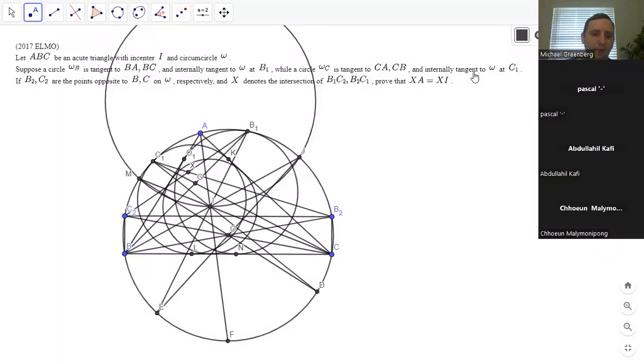I feel like if we use Pascal enough times, it might do it, but I should think about it a little bit more. Actually, I think Pascal shows that X, O, and G are collinear. Then we need to show that I, G, and O are collinear.